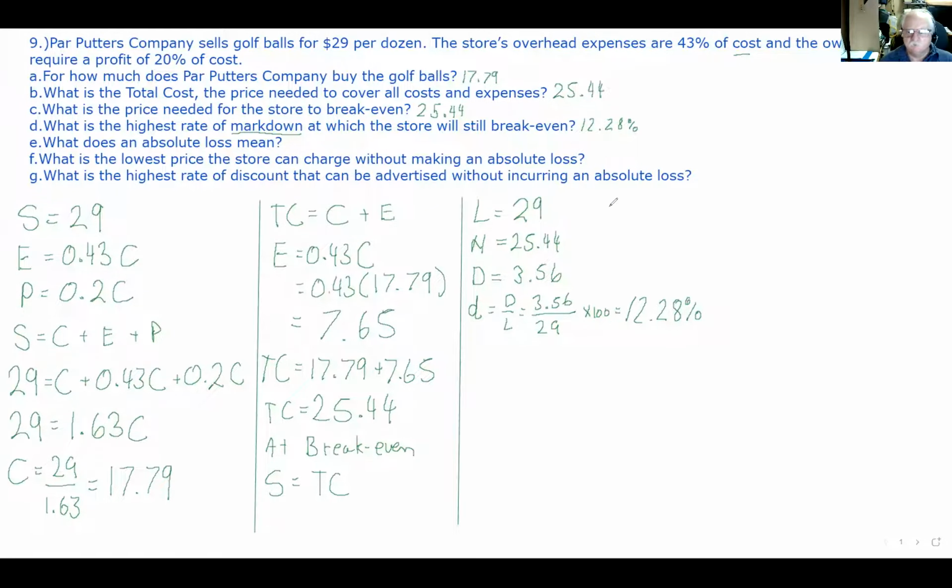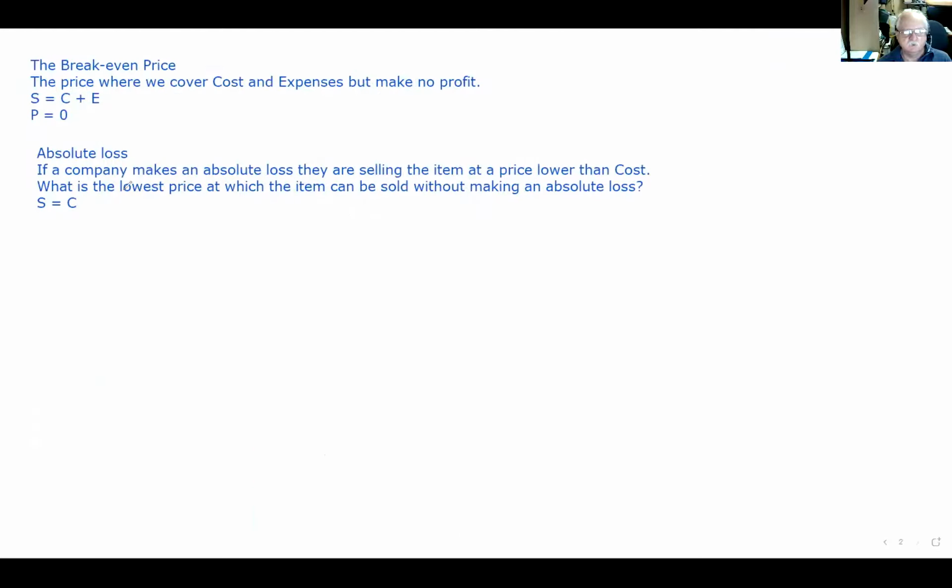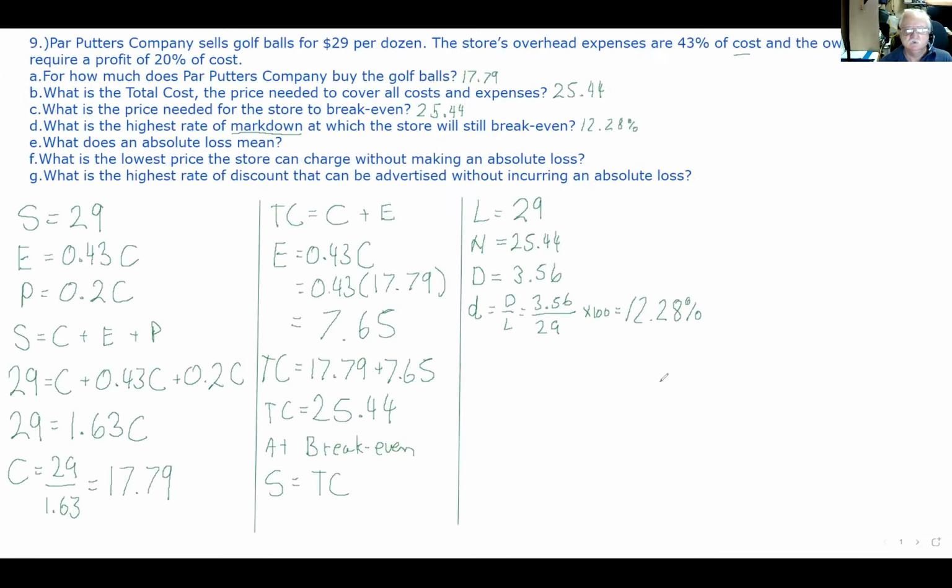So let's go back over here. The lowest price they can sell is cost. And so we know the cost. Over here, we figured out the cost. So the lowest price they can charge without making an absolute loss, we've already figured it out to be 17.79.